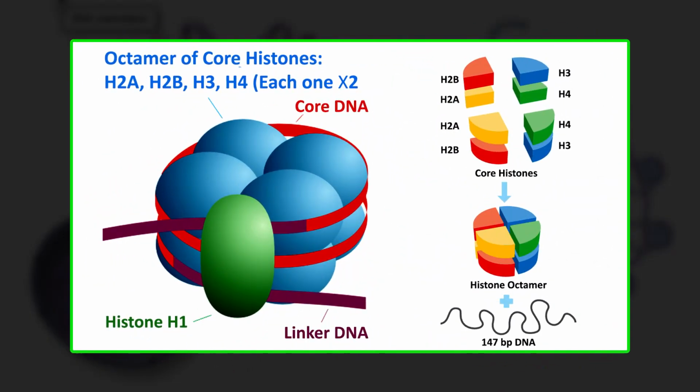Briefly, negatively charged DNA is packaged around a positively charged histone protein octamer which contains two copies of histone proteins H2A, H2B, H3 and H4. The nucleoprotein complex is a nucleosome, the basic unit of chromatin.